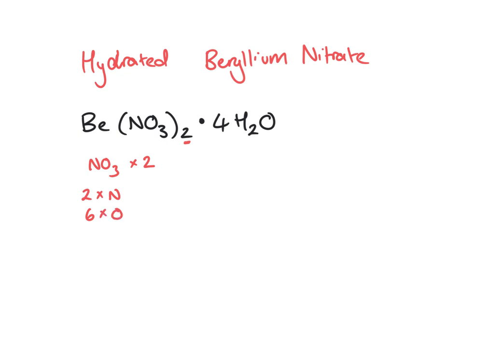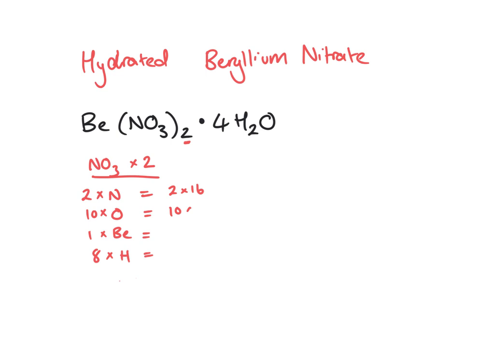I have 1 beryllium because there's an invisible little 1 after that Be, and I've got 4 H2Os, so 4 times 2 is 8 hydrogens, and then I've got another 4 oxygens to add in there, which gives me a total of 10 oxygens. So having a look at the periodic table, nitrogen has a mass number of 14, so that would be 2 times 14.